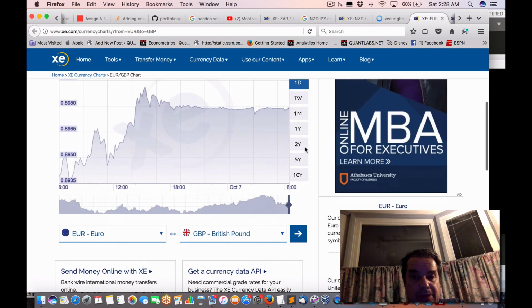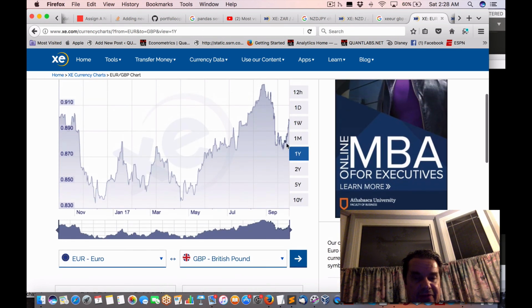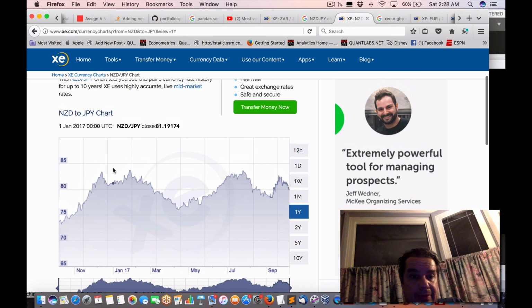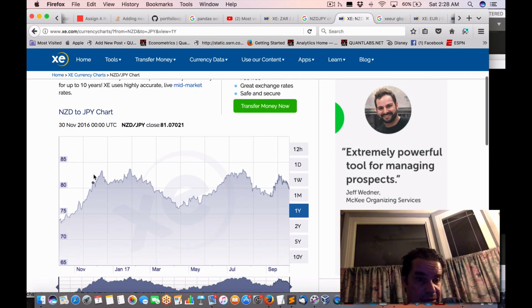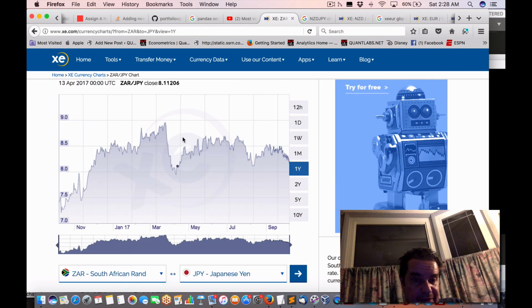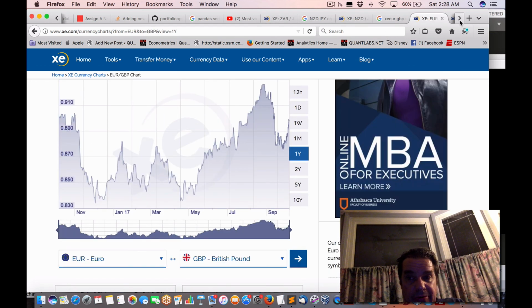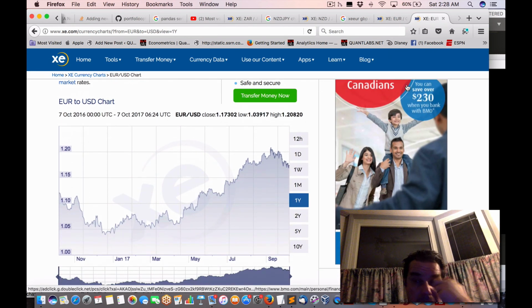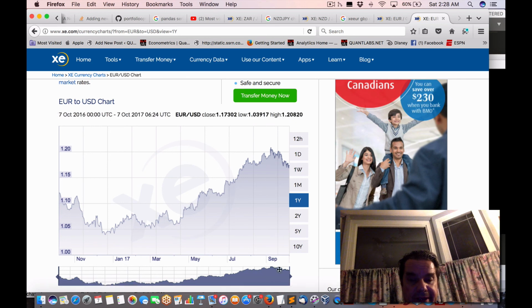Okay, so we want last year. Wow, that's volatile. But you see the moves are only, again, in the 10% range. Whereas this has moved a little more, not much. But this has definitely moved more. Not much I can tell from this.